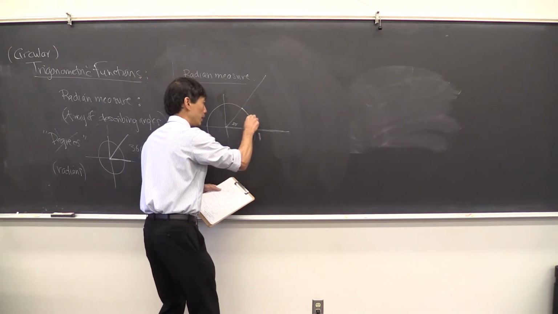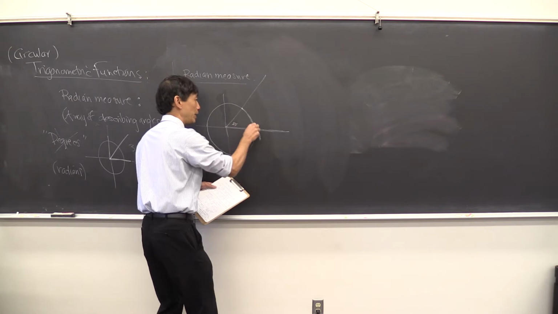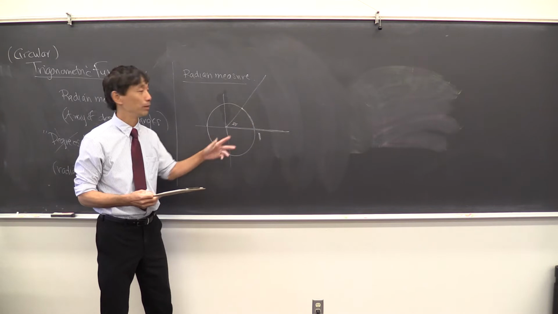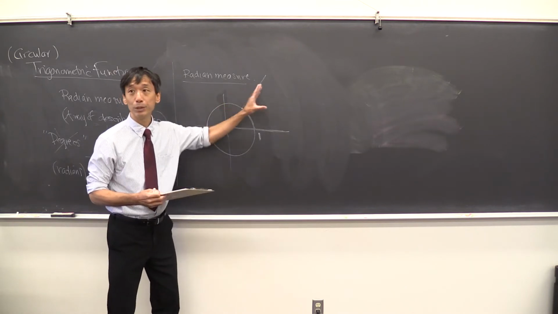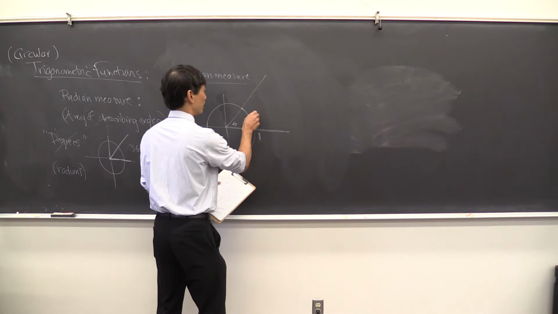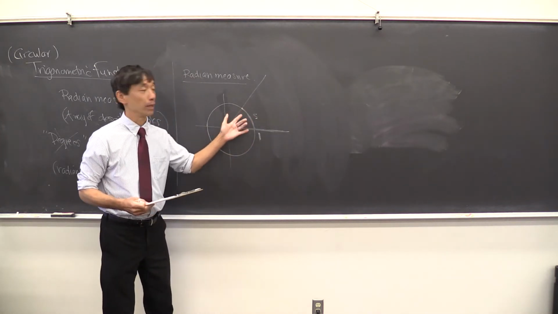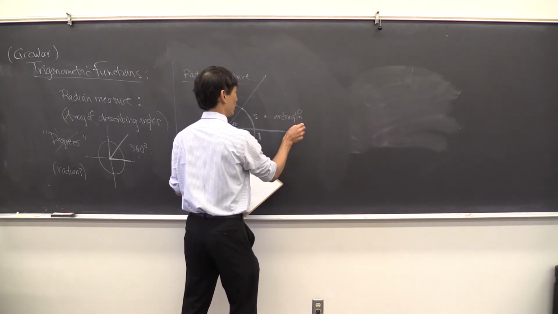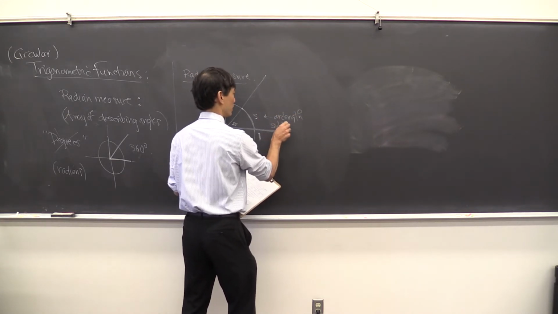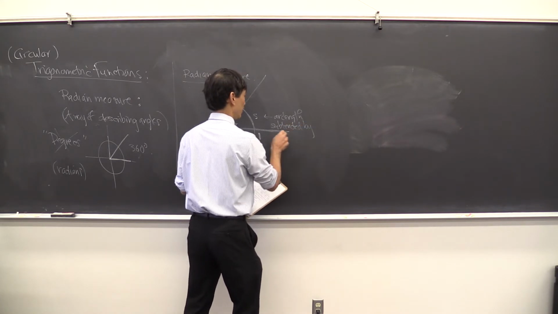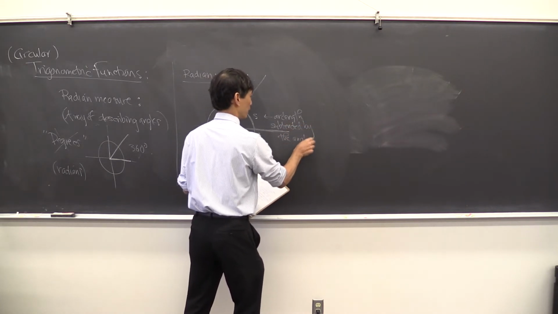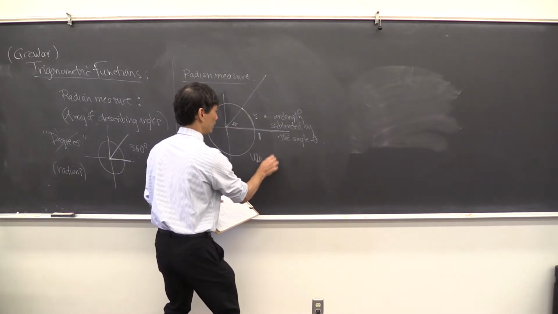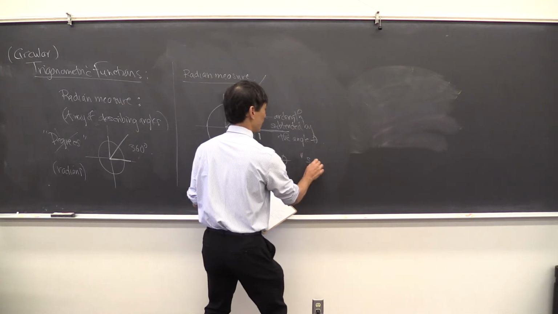Look at the length of the arc that is subtended by this angle, the arc that's captured by this angle. That's going to be some length. This length is the arc length subtended by the angle theta, and we call theta s radians.